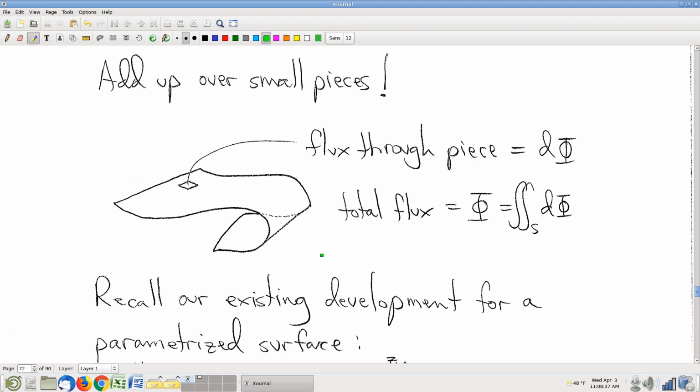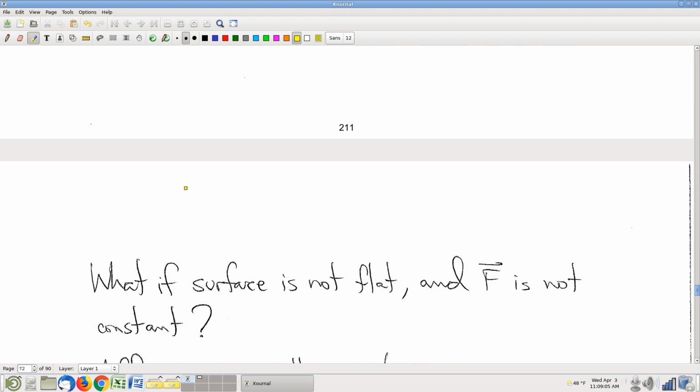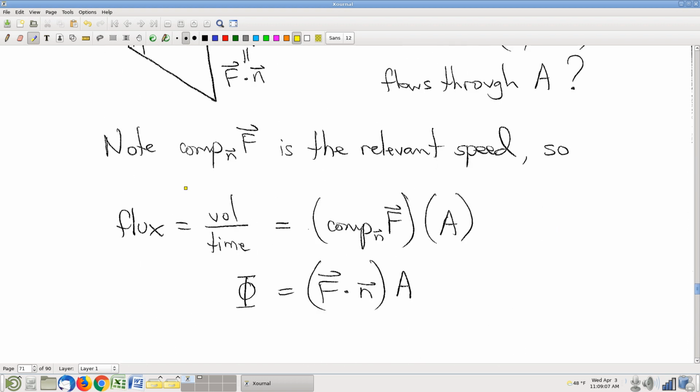Chop it up into little pieces, though. On each little piece, the idea is that the fluid flow is probably approximately constant on that little piece, and the normal vector is approximately the same everywhere on that little piece. On that little piece, then, we have an easy question. d phi on that little piece is just this formula from the previous page, F dot n times area.